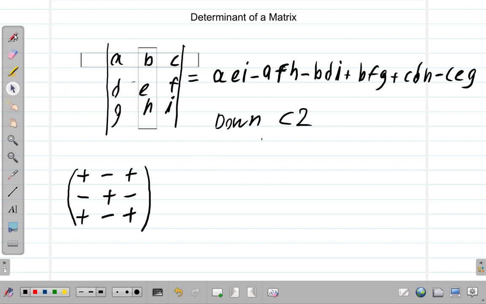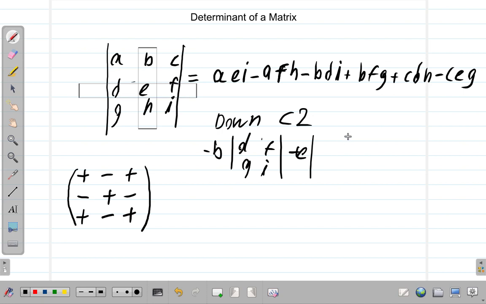Now, what we have here is B, with D, F, G, I, and B is a minus. Then we go down to E, plus E, with A, C, G, I.